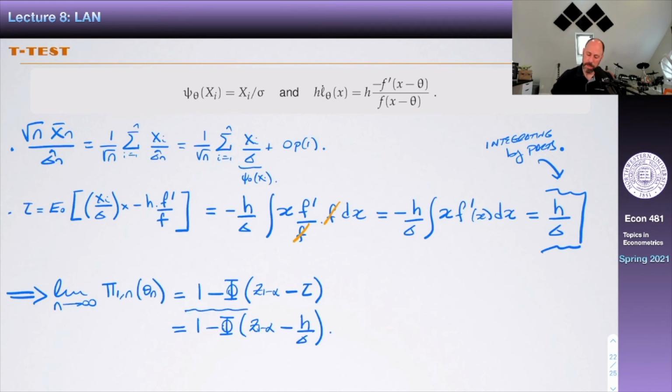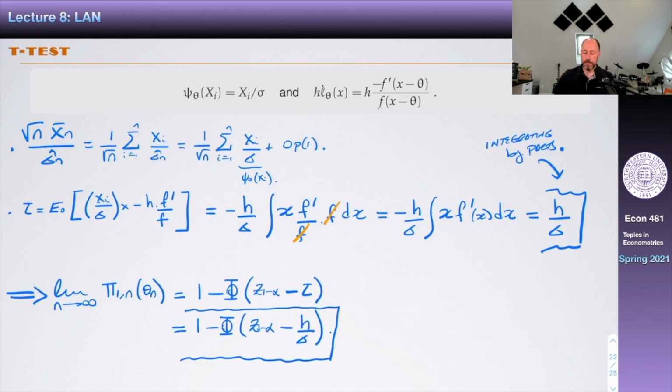And that's it. We obtain the local power of the t-test by using Le Cam's third lemma without explicitly making any statement about the behavior of the t-test under the alternative. We just get that from Le Cam's third lemma, okay? We didn't do any change of variables or anything like the stuff that we did for the t-test before. But arguably, the t-test was easy when we did it a couple of lectures ago.